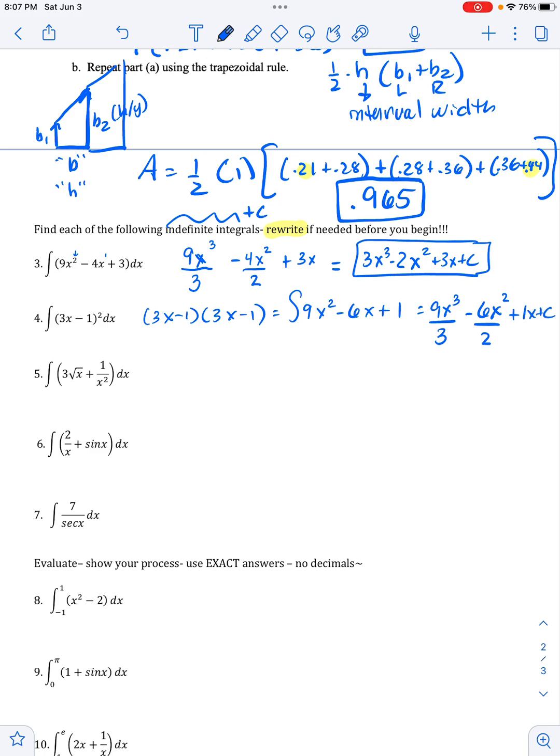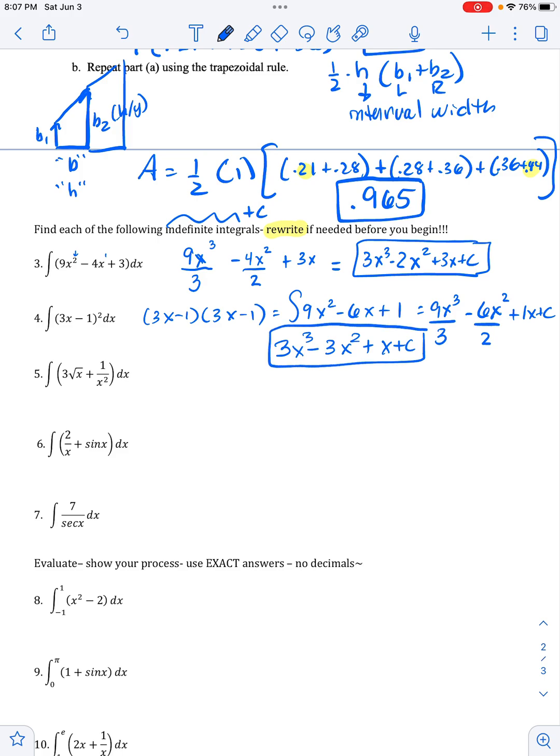And then I'd have a c. But I do need to simplify my answer, and so certainly I would write it as 3x cubed minus 3x squared, because just by simplifying the numbers, and then plus x plus c.